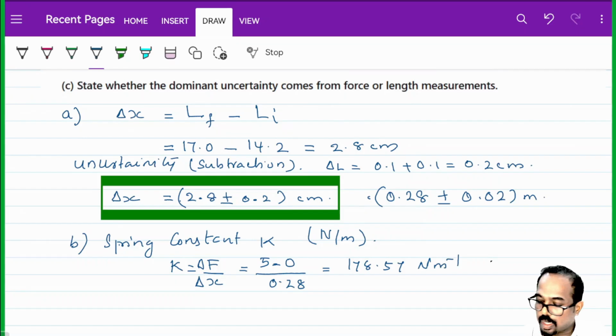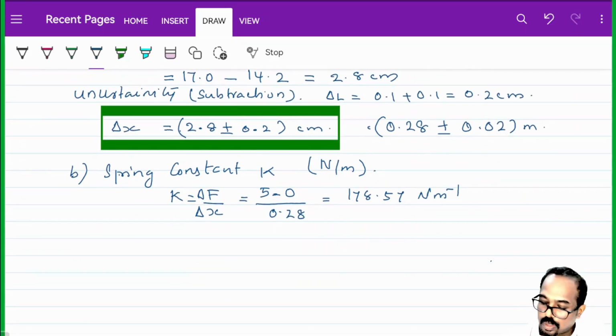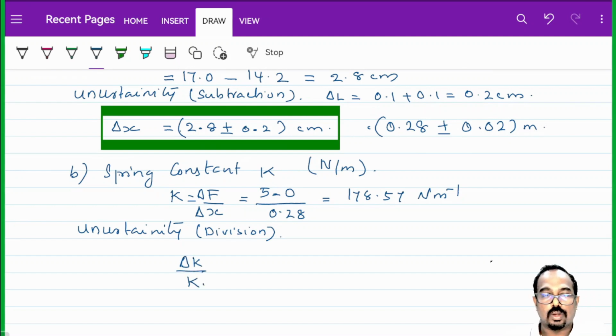Now you need to check the uncertainty. So uncertainty, what is the operation? Division. So delta K upon K, this is the fractional uncertainty. For division, what will you do? You will add the fractional uncertainties.